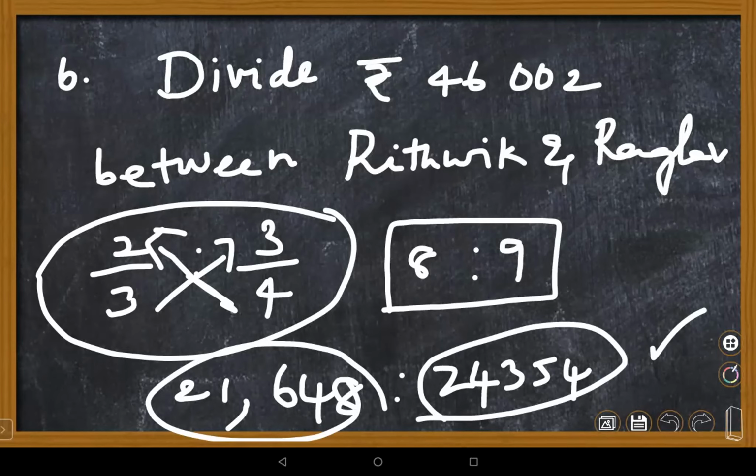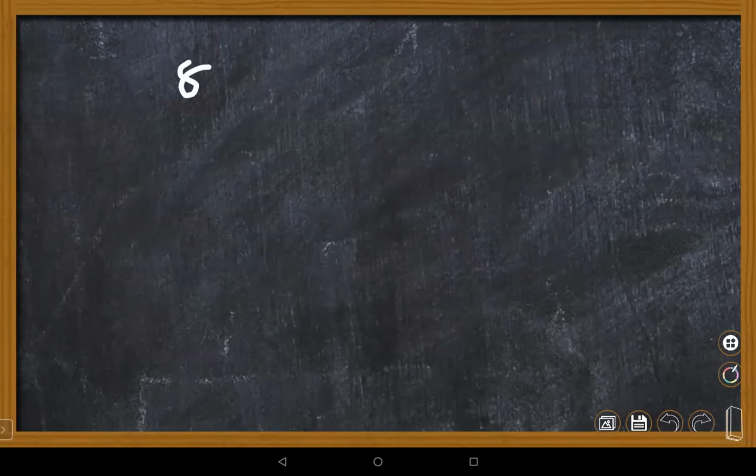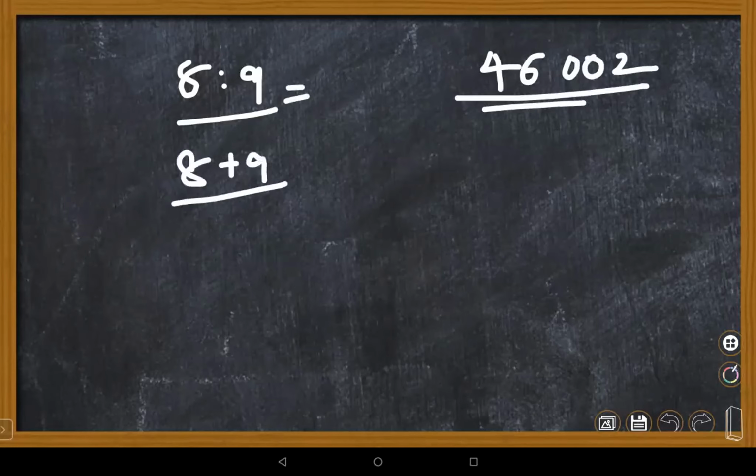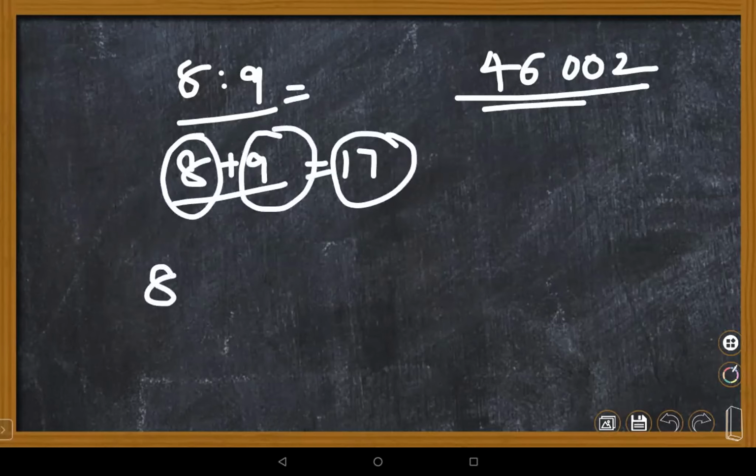Wonderful. 8 is to 9. You just see the ratio you need to divide. I gave 46,002 rupees to both of them. So for the total number of shares, you have to add up the ratio, children. 8 plus 9, total shares are 17. So in this Ritvik has 8 shares, Raghav has 9 shares. 8 out of 17 into 46,002.